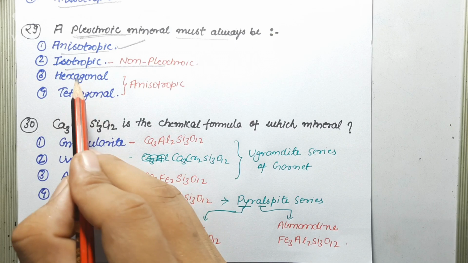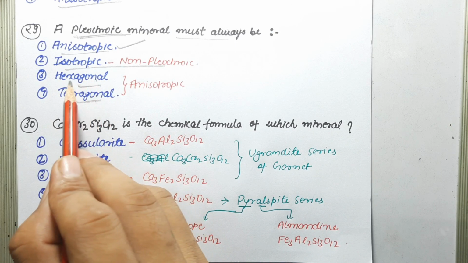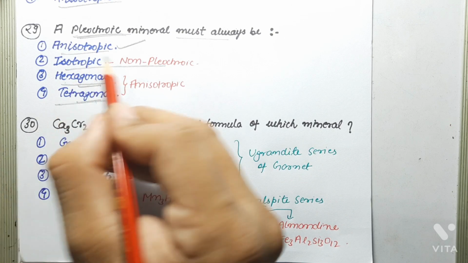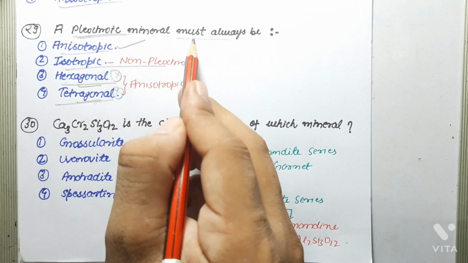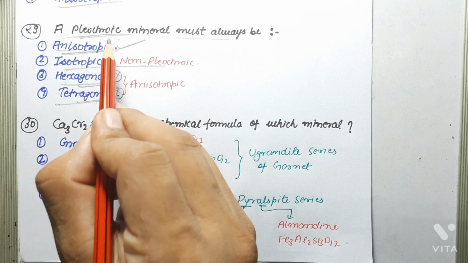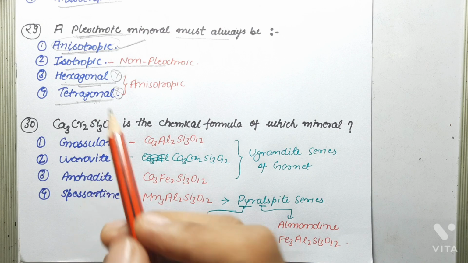Hexagonal and tetragonal alone cannot be answers, because hexagonal are also anisotropic and tetragonal are also anisotropic. So these are incorrect options, because these alone cannot be the correct answer of this question. Now anisotropic satisfies the condition, because anisotropic minerals include all the minerals that crystallize in hexagonal, tetragonal, monoclinic, triclinic and orthorhombic systems. So this is the correct answer.